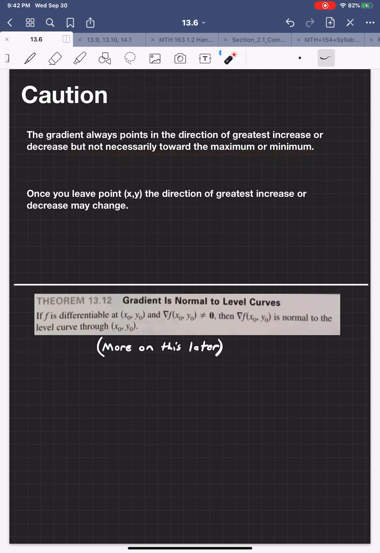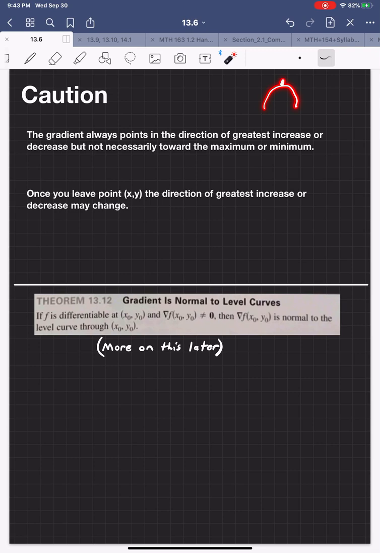If you have a surface, and this is the maximum value, the extrema, just because the gradient points towards the greatest increase doesn't mean the gradient is always pointing towards the extrema.